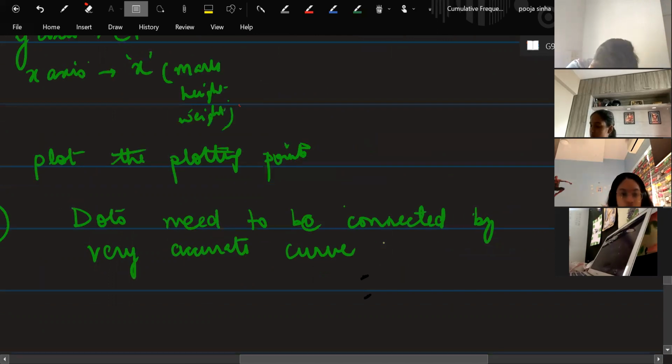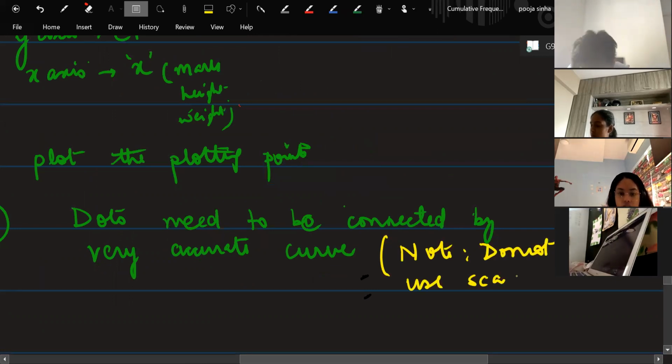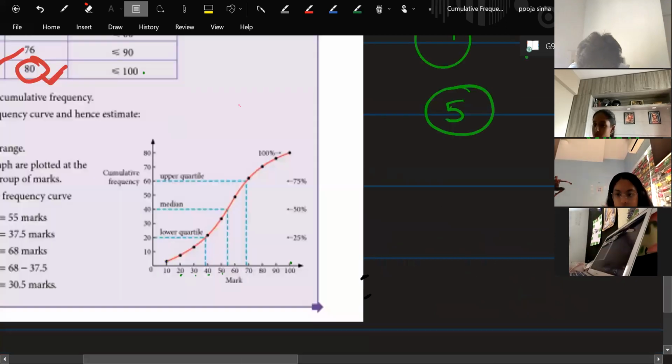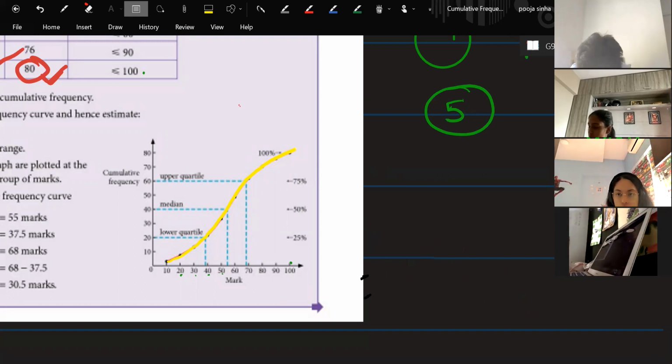Point to be noted. Do not use scale to join these dots. You can use a freehand method, but it should be really smooth freehand. You have to keep your hand stable and make it very smooth, connect from dot to dot. Otherwise, your values will become wrong.